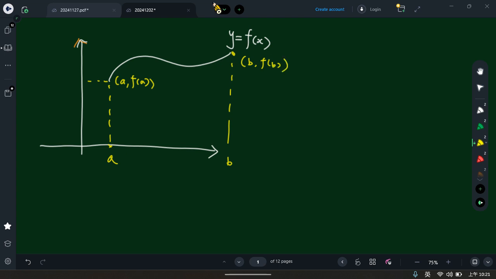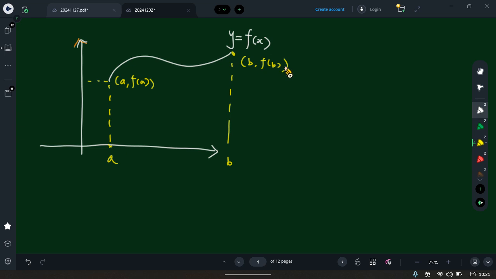So we just think about how to calculate the length following this curve to get the arc length from the point A, f of A to B, f of B.